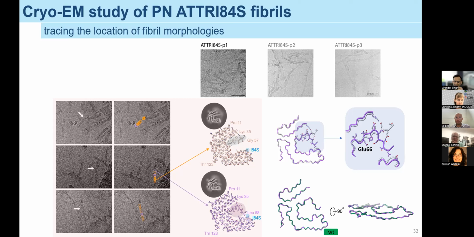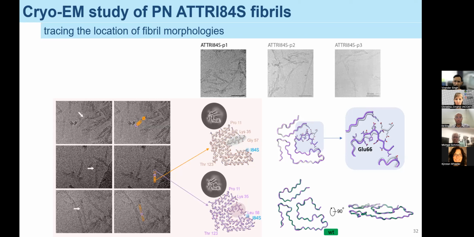Yes. So most of the cases which we have worked on till now are heterozygous, so they have copies of both wild type and mutant. Based on mass spectrometry, in all these three cases, almost 35 to 40% is wild type and 60% is mutant in these amyloids.